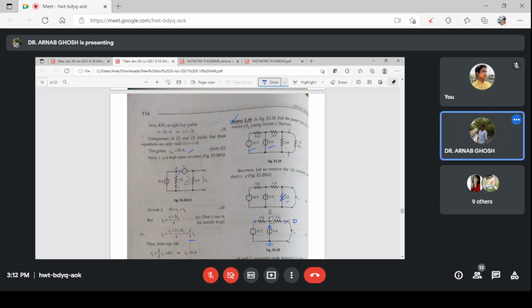For this branch current, 10 minus V by 5 plus the entering 5 is equal to ISC, that is V minus 0 by 2.